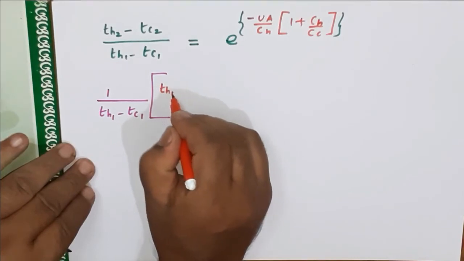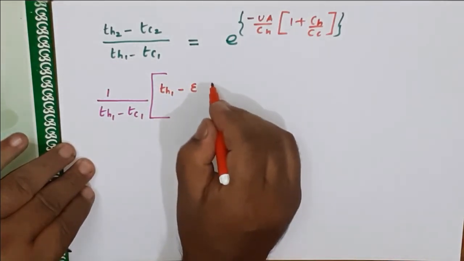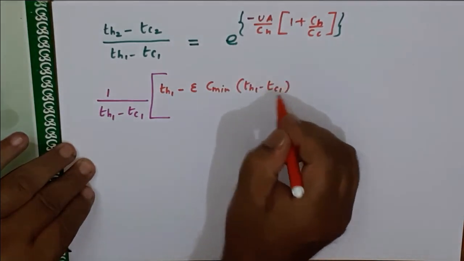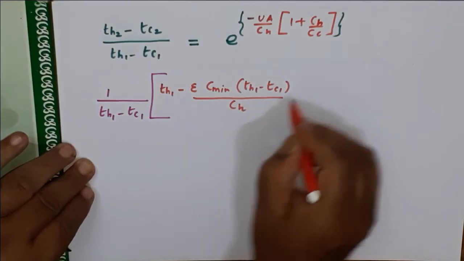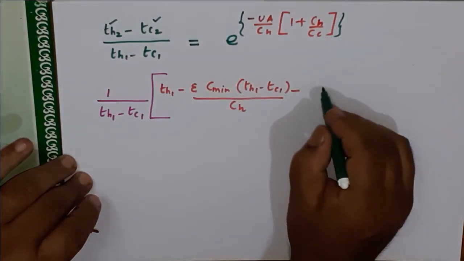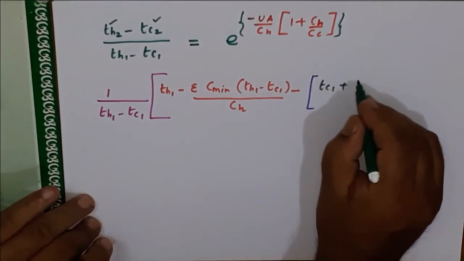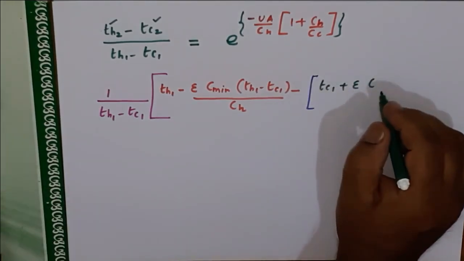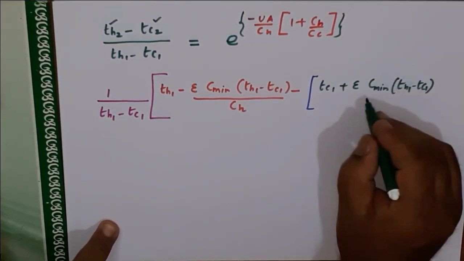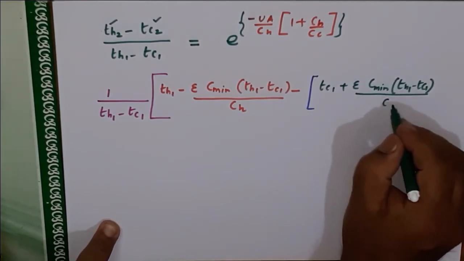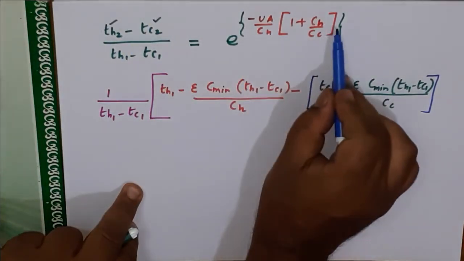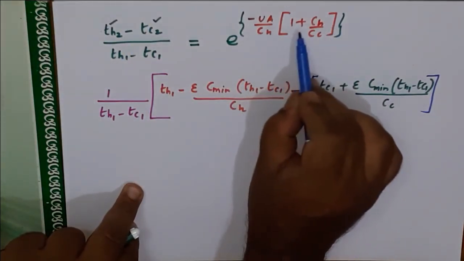This is TH1 minus effectiveness into C minimum into TH1 minus TC1 whole divided by CH, minus, this is TH2. Instead of TC2, you have to write TC1 plus effectiveness into C minimum into TH1 minus TC1 whole divided by CC. The entire equation is equal to E power minus UA by CH into 1 plus CH by CC.